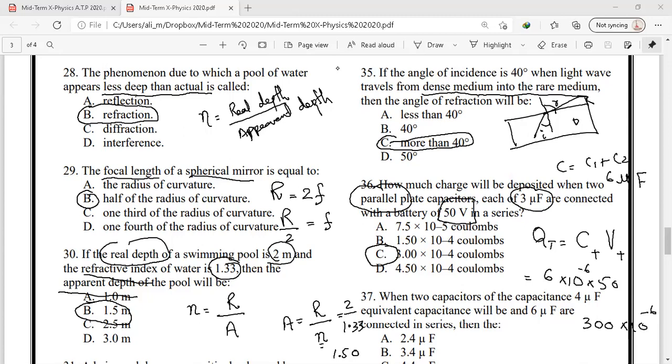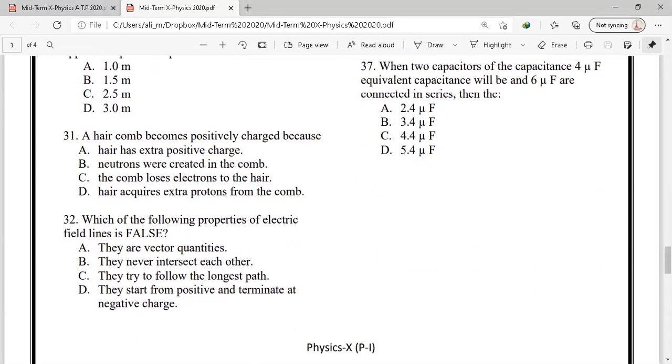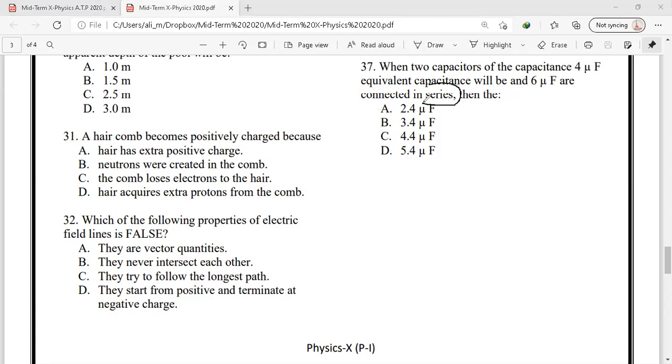So let's move to another question, that is question number 37. When two capacitors of capacitance 4 microfarad and 6 microfarad are connected in series, the equivalent capacitance is to be calculated, and we know that in series the formula for the total capacitance is 1 over C equals 1 over C1 plus 1 over C2.